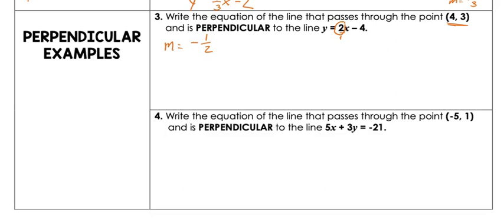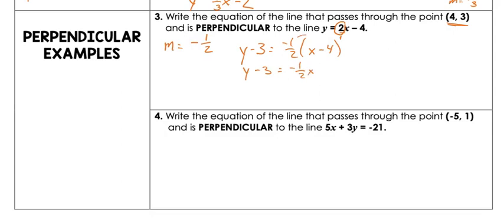So I will set up my equation. Y minus 3, right? Y subtract 3 equals my new slope of -1/2 in parentheses x minus 4. We're trying to get back to slope-intercept form, so we are going to go ahead and distribute. So -1/2 x.